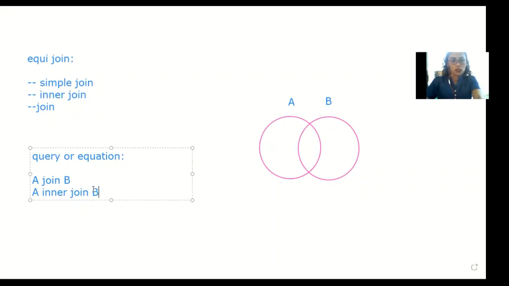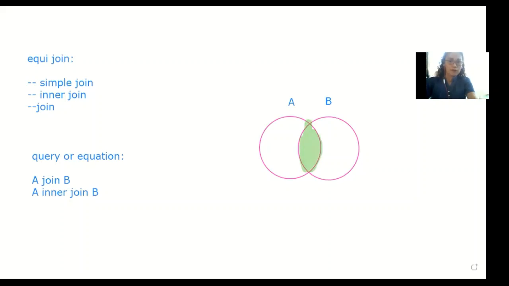So when you say A join B, the resulting table will contain the common columns between A and B. So if you have A join B, only the common values between A and B are displayed as part of the resulting table.